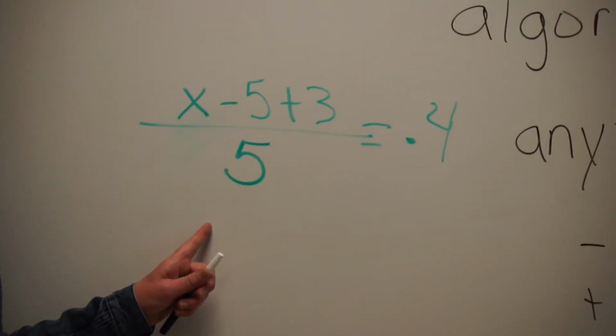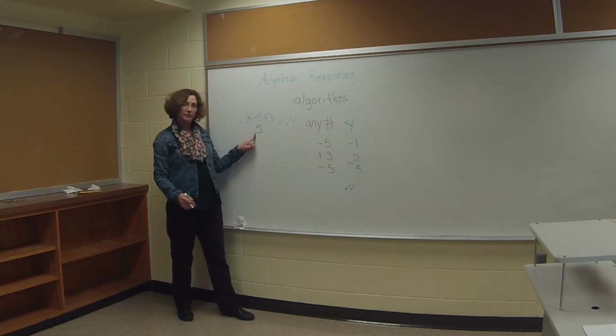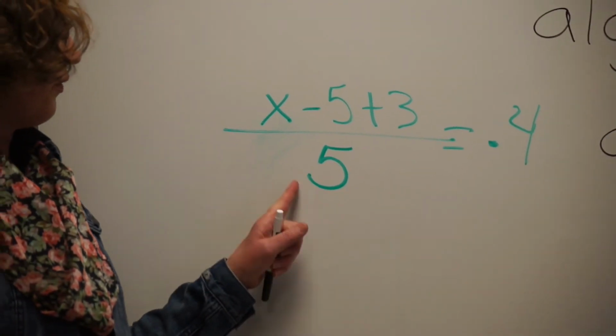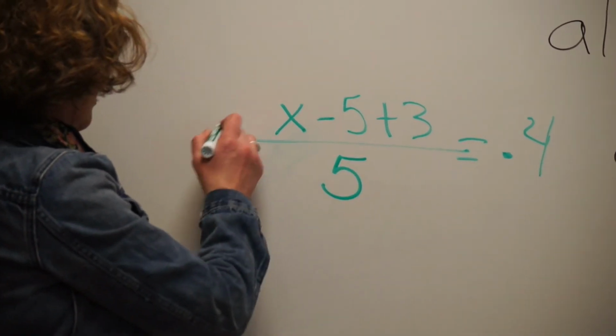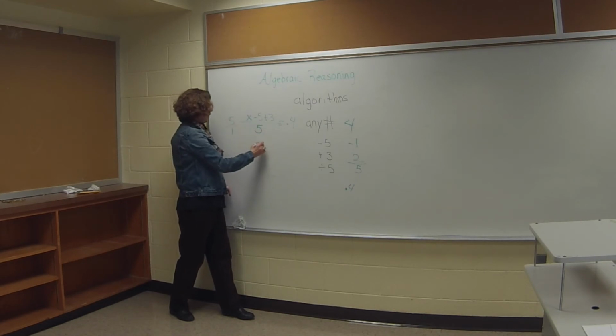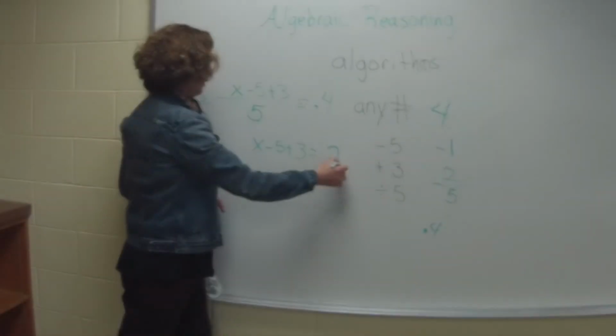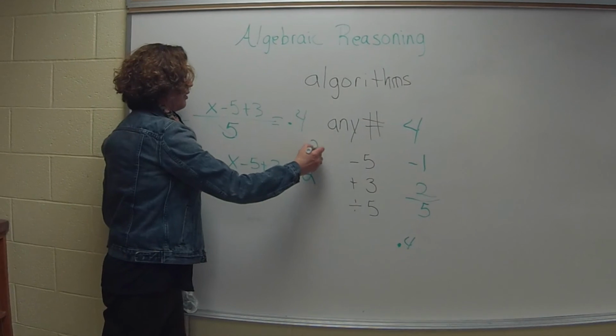Work the problem backwards. If we divide it by 5, we're going to have to multiply by 5. So 5 times 5 we'll make cancel, and we have x minus 5 plus 3 equals 2, because 5 times 0.4 is going to equal 2.0.